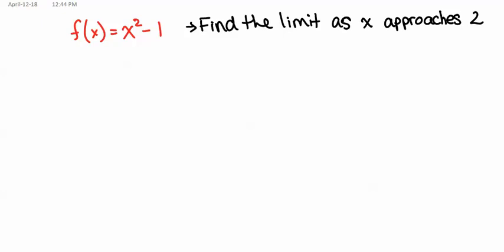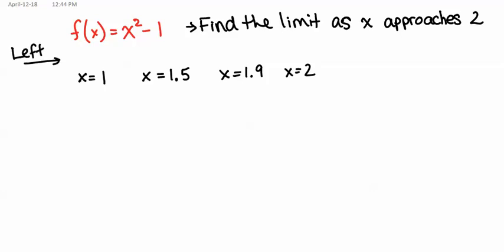Okay, so I'm just going to show you this as a table first. If I think about a graph approaching 2, I'm going to try to find what x equals 1, x equals 1.5, maybe 1.9, and then what happens at 2. I'm going to approach it from the left, like a left-hand limit.